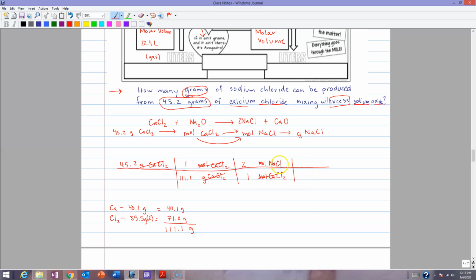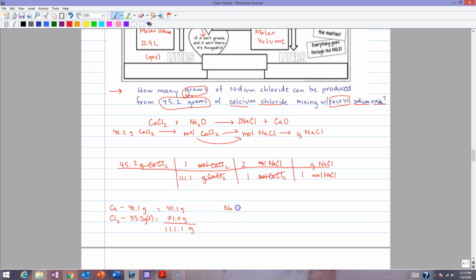And now I'm going to carry down moles of sodium chloride because I'm going to do my final conversion factor, and I want it in grams of sodium chloride. I have moles and grams, so the number 1 is going to go in front of moles. Whenever I have moles in a different unit, 1 goes in front of moles.